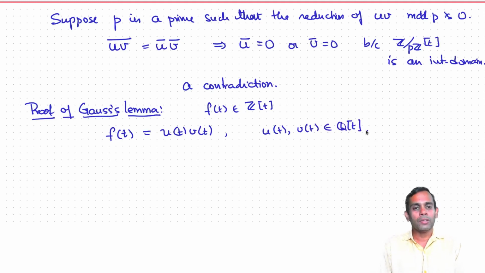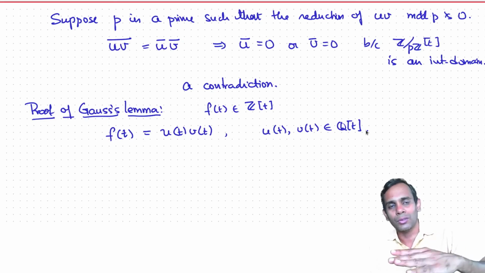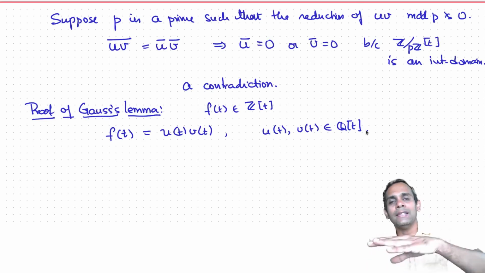Now if you have a polynomial with rational coefficients, you can clear out the denominators of all its coefficients and get a polynomial with integer coefficients. Say you multiply all the coefficients by some integer n and you get all integer coefficients.